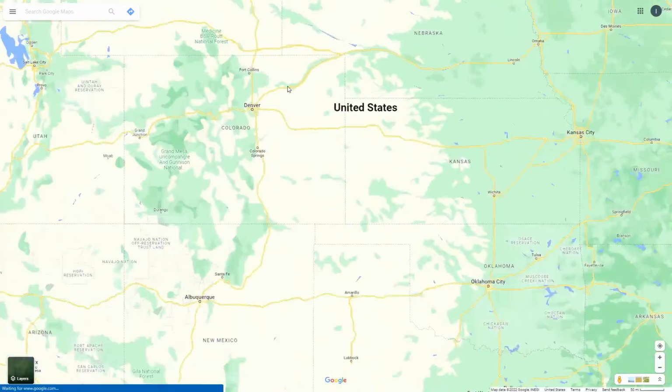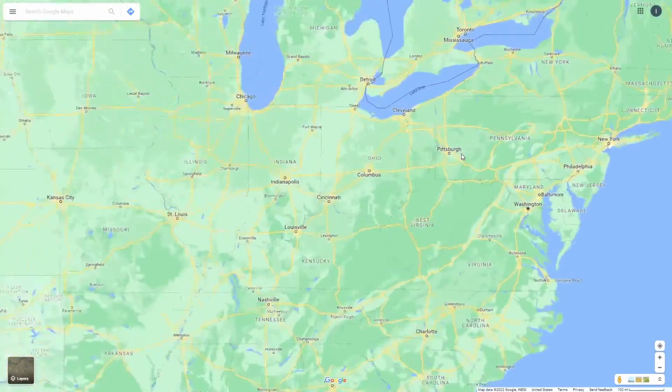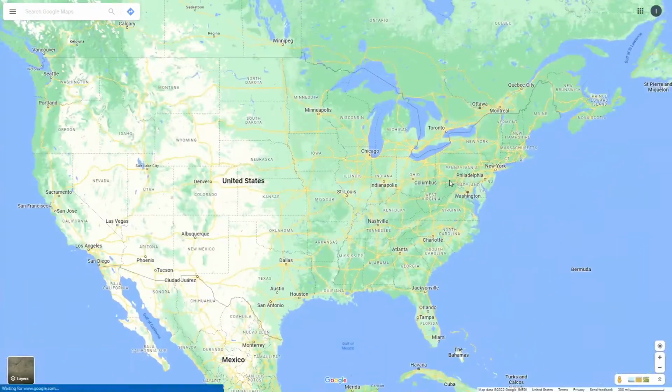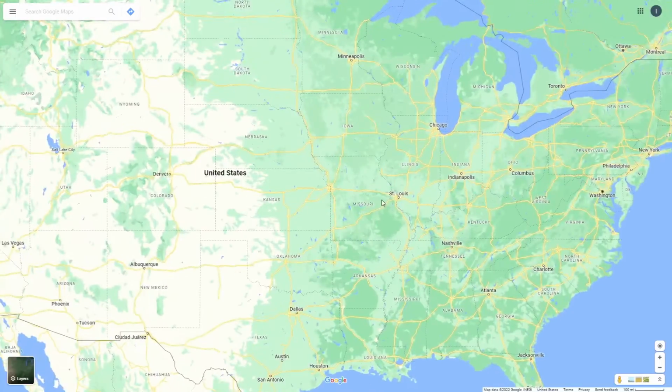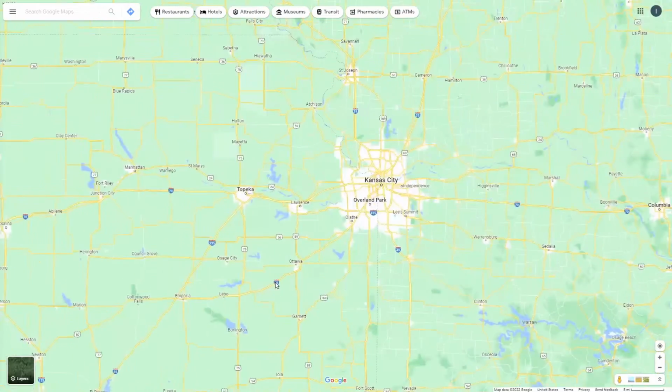Like if we go to the before mentioned I-76 in Colorado, if we go to Pennsylvania, there's also an I-76, so watch out for that. But how they avoid this confusion is that in the red portion of the interstate shield, they write what state it is in, so you know.